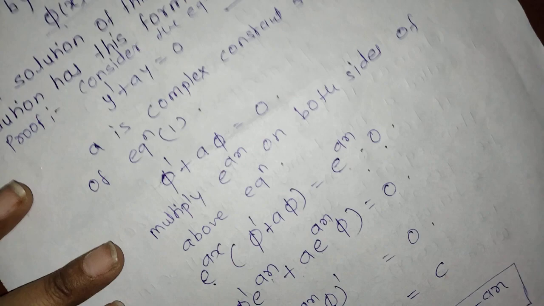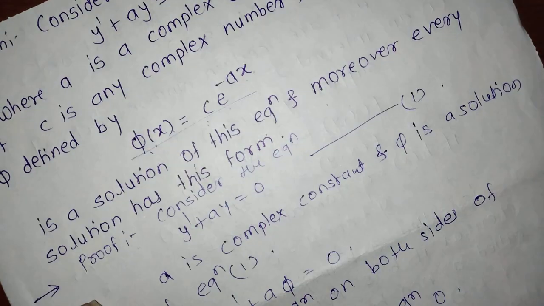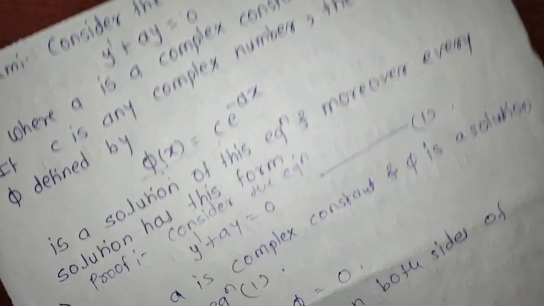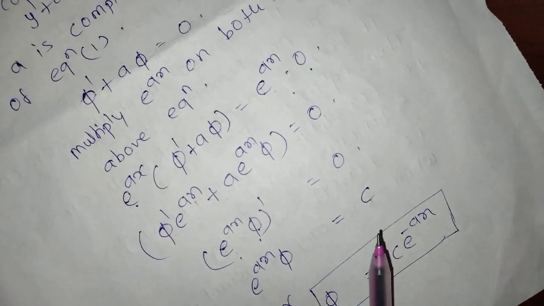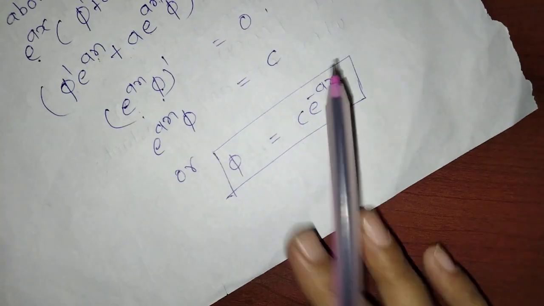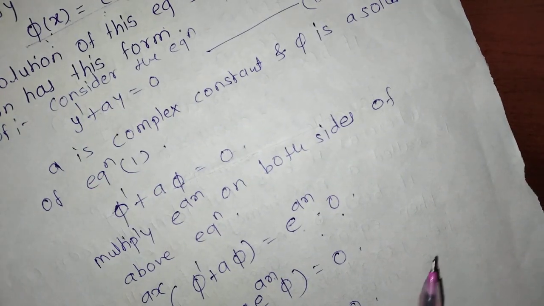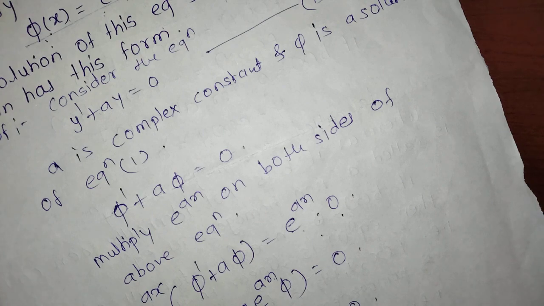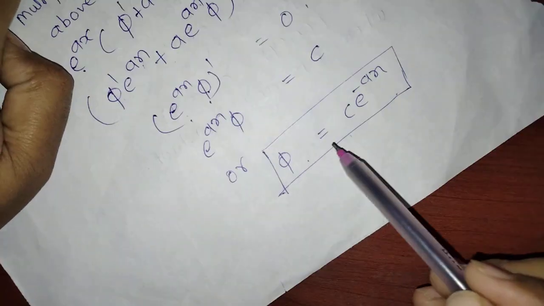Here we have shown that phi = c e^(-ax) is the solution of y' + ay = 0. Since this phi satisfies the equation, we can confirmly say that every solution of this equation has this form.